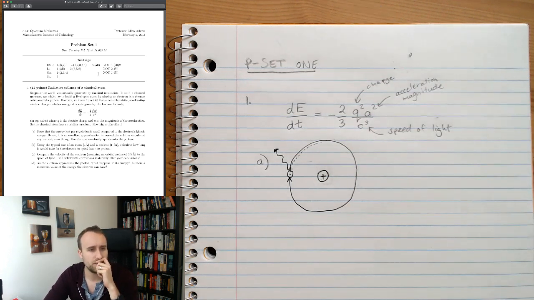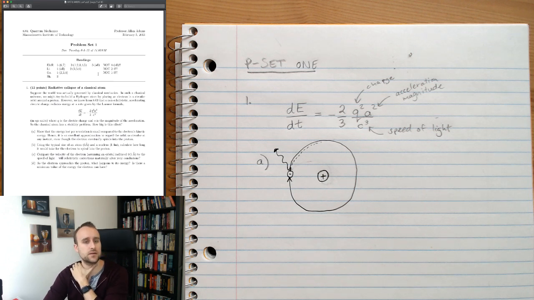But how do we compare this to the kinetic energy? So how do we know what the kinetic energy is of the electron here? I think we need to know what these quantities are, right? We need to know what the typical electron mass is, how fast it's going.